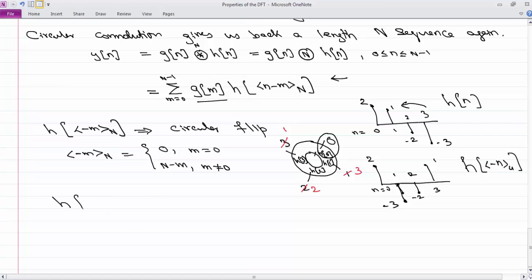What the formula says is h of (n minus m) mod 4. That I can write as h of (minus m minus n) mod 4. So what is this minus? This is the circular flip version. Sorry, the minus should be inside.